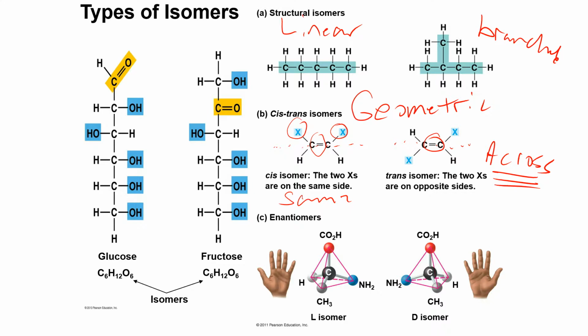But trans, they're found on opposite sides, across from one another. So this is a trans isomer. So you're dealing with the same molecule, the same molecular formula, but due to the orientation of these side groups, they're 2 different molecules in terms of how they behave and how they function.